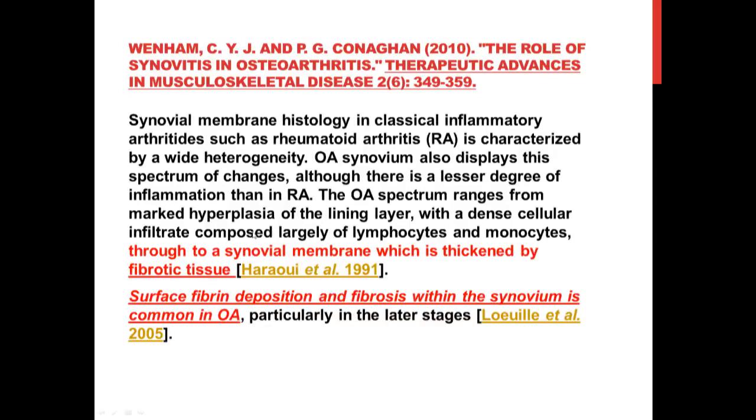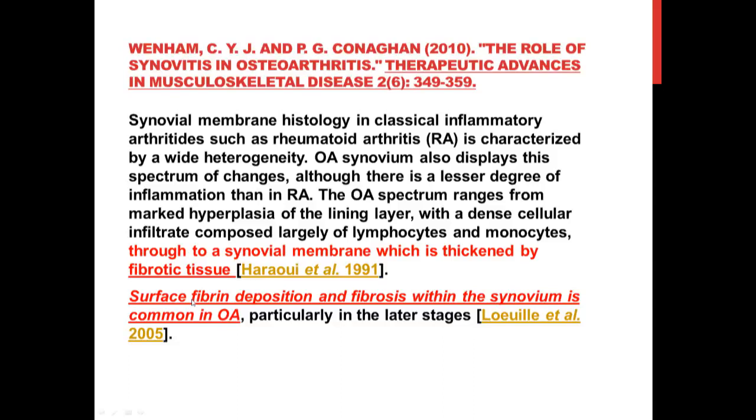And there is a large spectrum here in the type of hyperplasia that occurred, being far more remarkable in rheumatoid arthritis than osteoarthritis. But notice how I've highlighted the area in red to talk about the fibrotic tissue deposition, and fibrotic tissue comes from the deposition of fibrin.